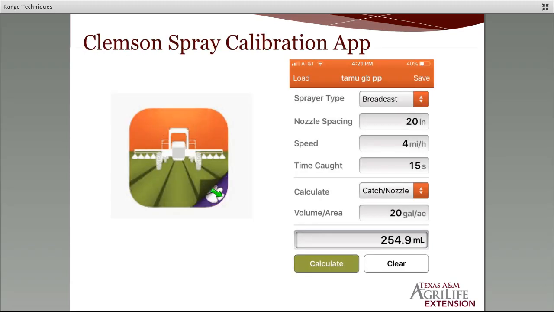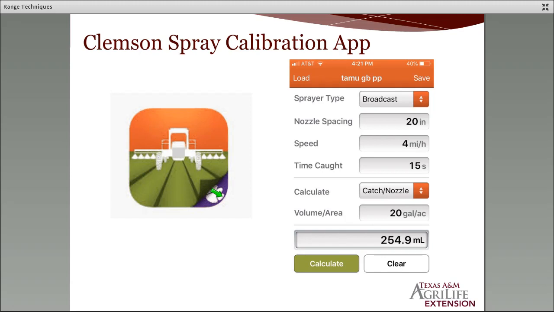If you go through the app, you're entering the sprayer type, the nozzle spacing, and the speed at which you can drive. Keep in mind, going over most of these pastures, we can only drive 3 to 5 miles an hour. In the row crop fields, they can drive a lot faster.